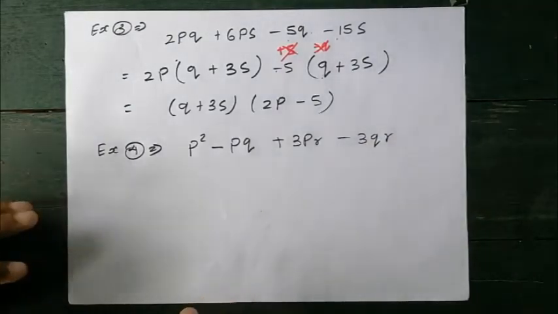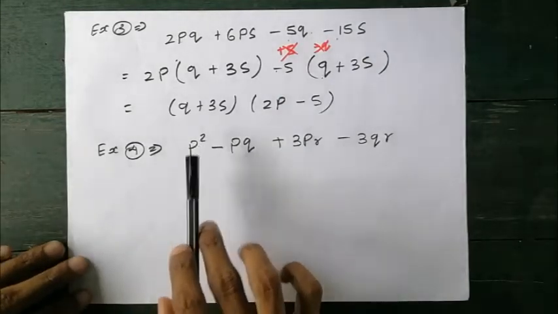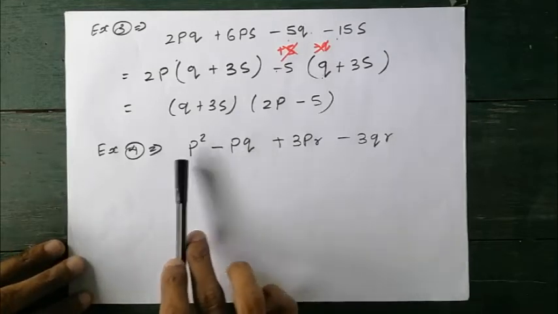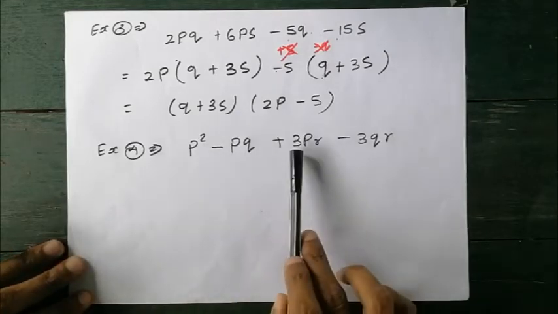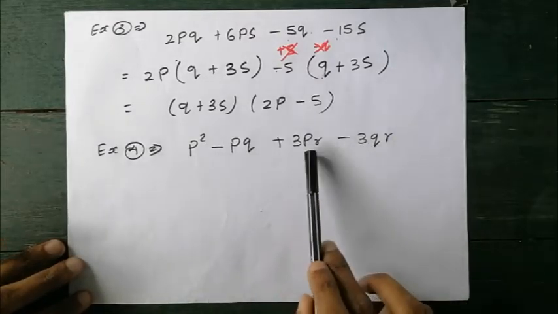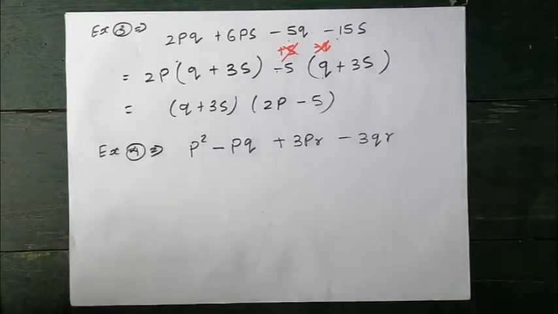Before going to the answer, check all the elements. From the first two, p squared minus pq, you have a common p. From the third and fourth, 3pr and 3qr, you have 3 and r. So check it first, then go to the answer.